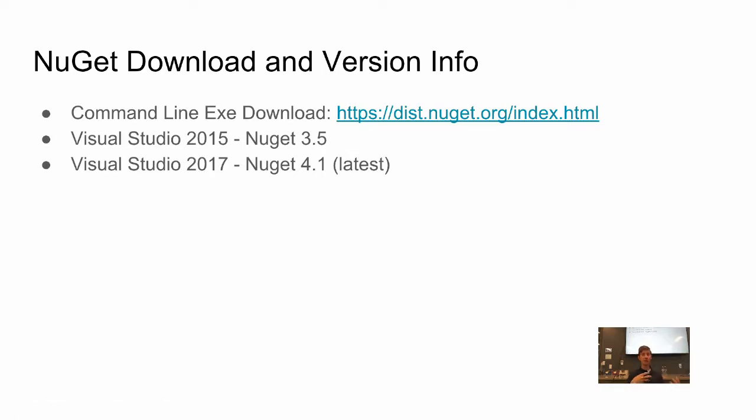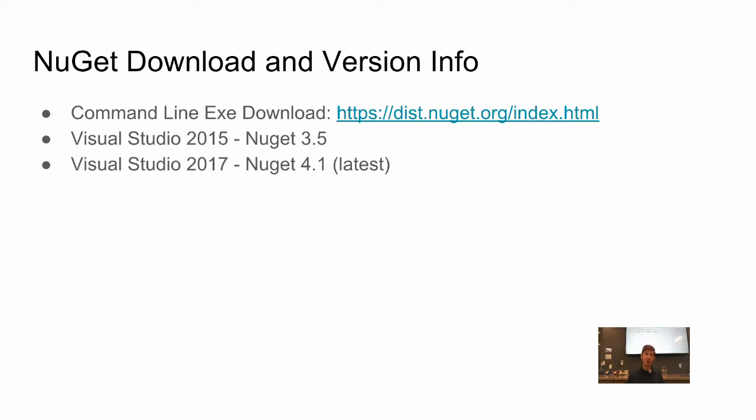Now, there are subtle differences in those versions. So if I build a NuGet package with, say, 4.1, there are certain features that I can use that will make it so that package will not work on Visual Studio 2015 or anybody who is using an older version of Visual Studio.